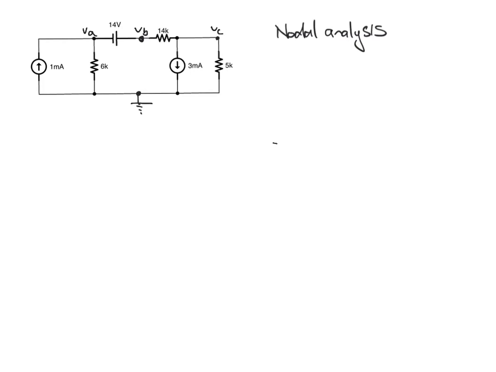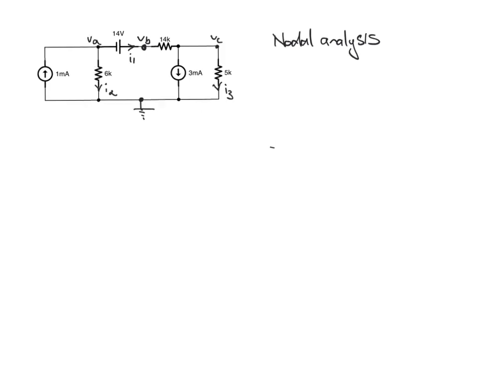Let's call this current I1, this current I2, and this current I3. And then you can see that this is a supernode. So let's start our analysis at the supernode.